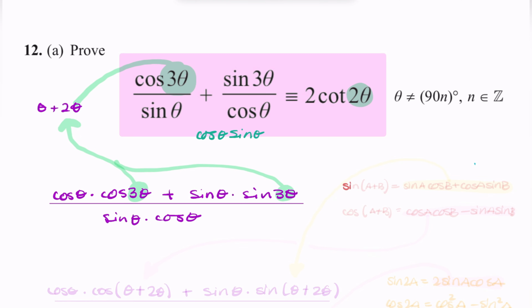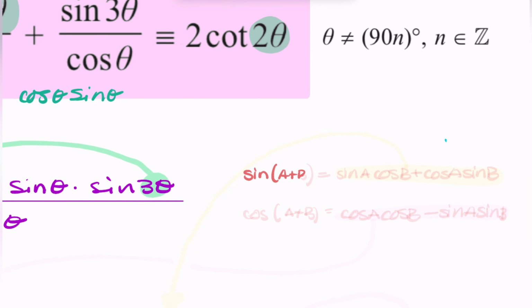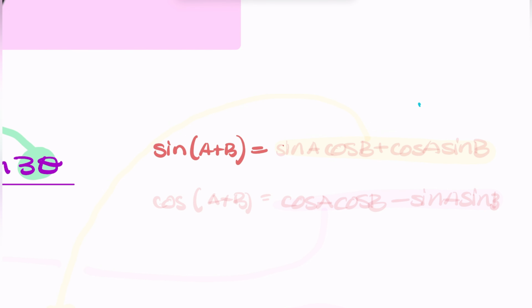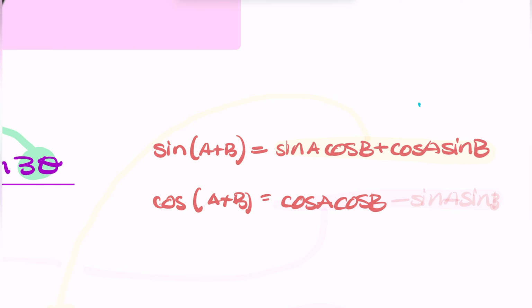We know that sine (A plus B) gives you sine A cosine B plus cosine A sine B. And we know that cosine (A plus B) gives you cosine A cosine B minus sine A sine B.